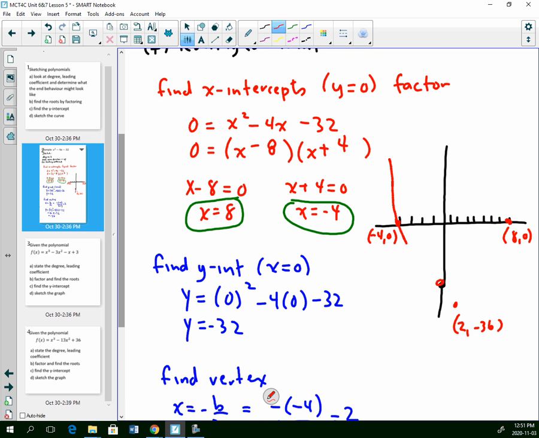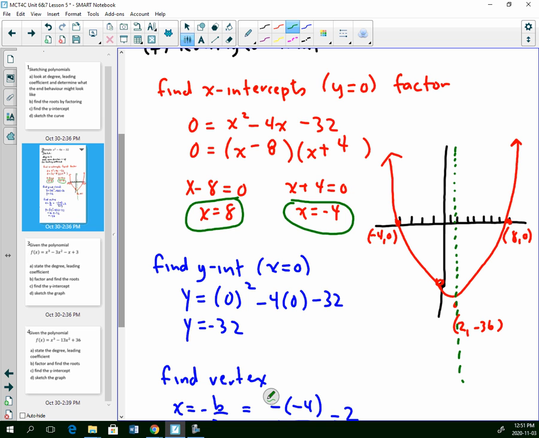I know it's going to point up, it's going to pass through the y-intercept, go through the vertex, and back through the other x-intercept. And I know the line of symmetry goes through the vertex, which should be in the middle. Right, there's my line of symmetry. It goes right through the middle at 2. And that is halfway between negative 4 and 8, so that is correct. And then that is my sketch.